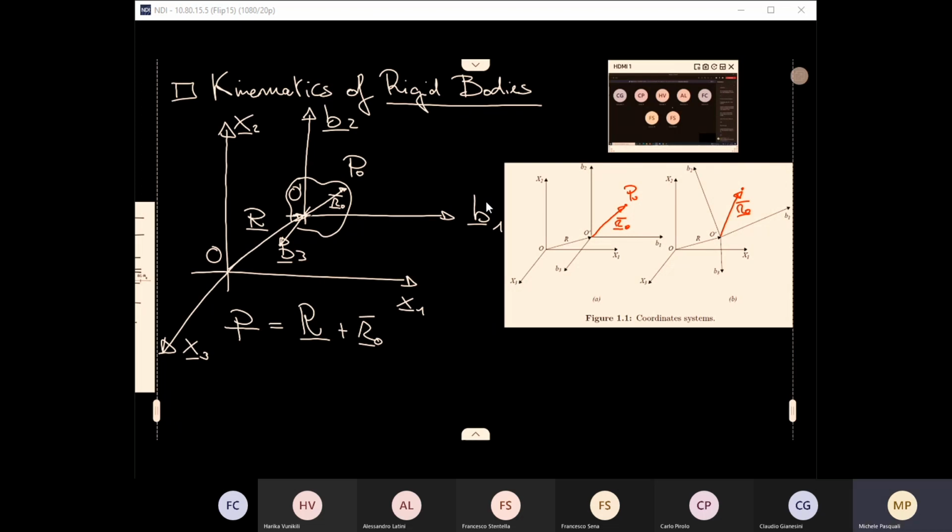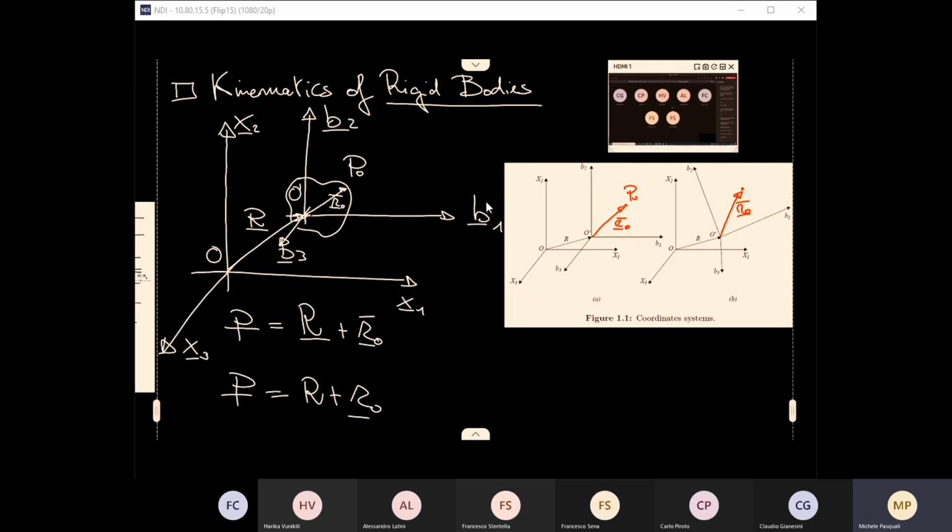So I will have to write, instead of R0 overbar, R0 without an overbar. R0 without an overbar is R0 expressed in terms of the inertial frame.